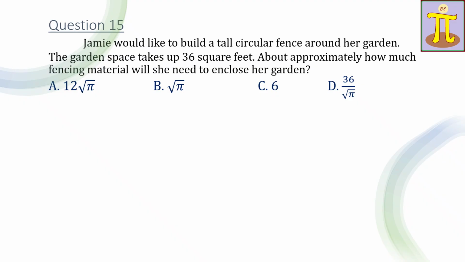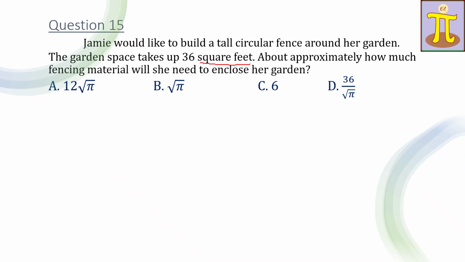Question 15. Jamie would like to build a tall circular fence around her garden. The garden space takes up 36 square feet. Approximately how much fencing material will she need to enclose her garden? So we have square feet.